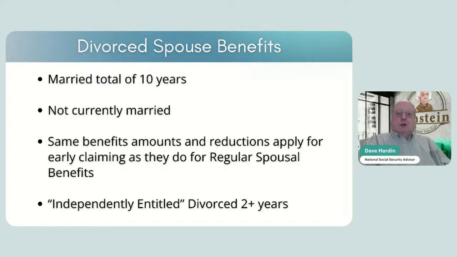My wife cannot file for Social Security for a spousal benefit because I'm waiting until 70. She can't take it till I do. But if we had been divorced for just 2 years, that rule is no longer there. She could go in and get divorced spouse benefits because of the 2-year wait. That's the only difference between spousal benefits and divorced spouse benefits, and it's actually pretty huge.